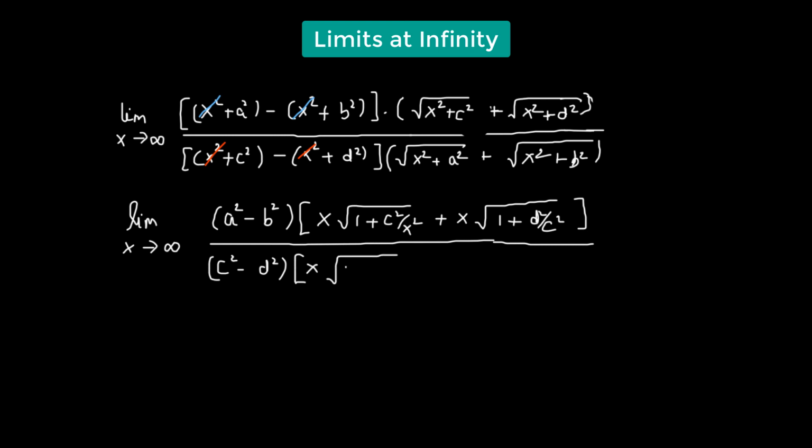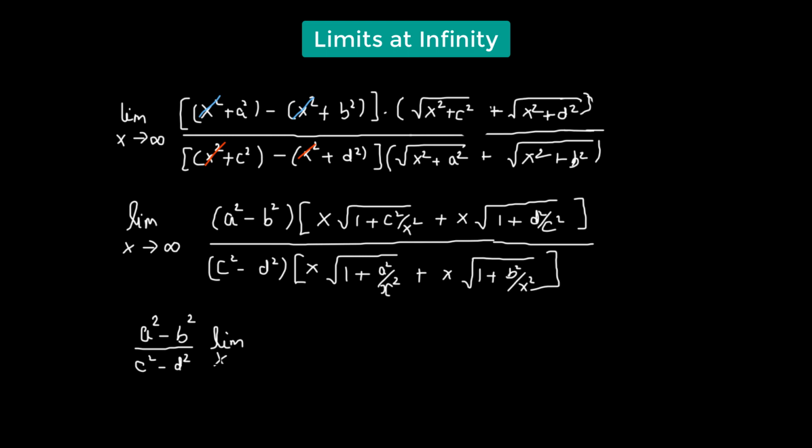So we have square root of 1 plus a squared over x squared plus x times the square root of 1 plus b squared over x squared. Now a squared minus b squared over c squared minus d squared will be treated as a constant because it does not have an x term, so we can take it out of the limit.